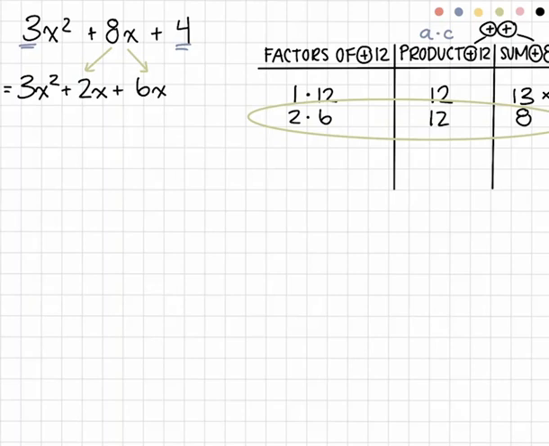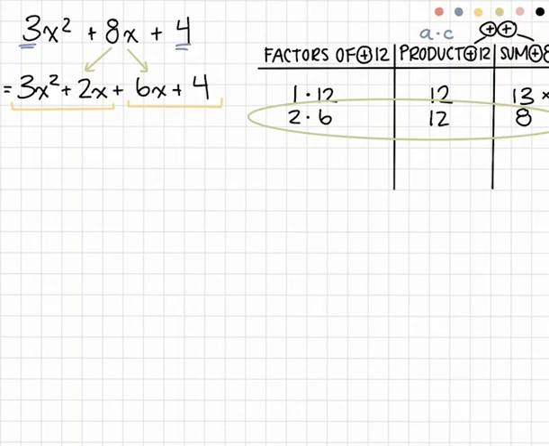Those are the 2 factors we just found in our table, and then we just bring down that 4 plus 4. Now what we're going to do is look at these terms in relation to each other like this.